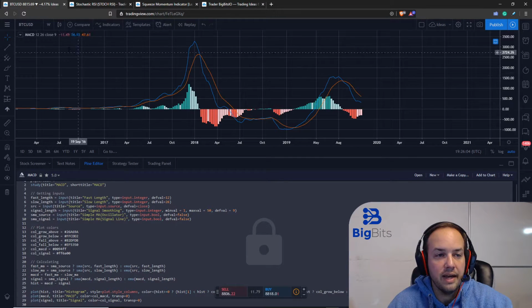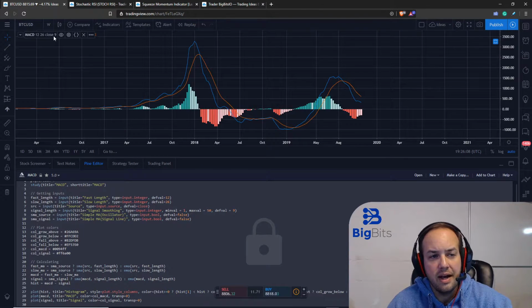Now, when you look at the indicator, you'll notice it actually has several parameters, and on the DataDash channel, he uses the defaults on all of the indicators, and that's what we're going to do here. The 12, 26, close, and 9. The 12 and 26, these are two different moving averages that we have to calculate based on those periods.